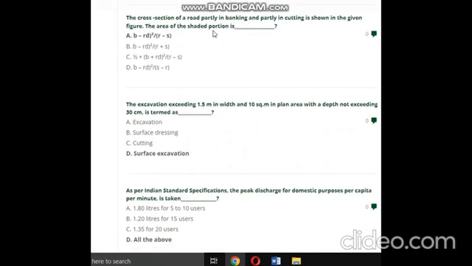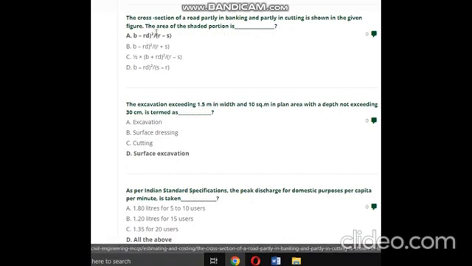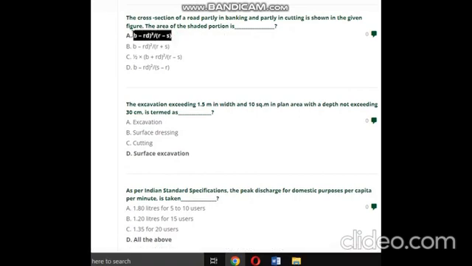The cross section of a road, partially in banking and partially in cutting, is shown in the given figure. The area of the shaded portion is (B minus R D) bracket square divided by R minus S. The excavation exceeding 1.5 meter in width and 10 square meter in plan area with the depth not exceeding 30 centimeter is termed as surface excavation.